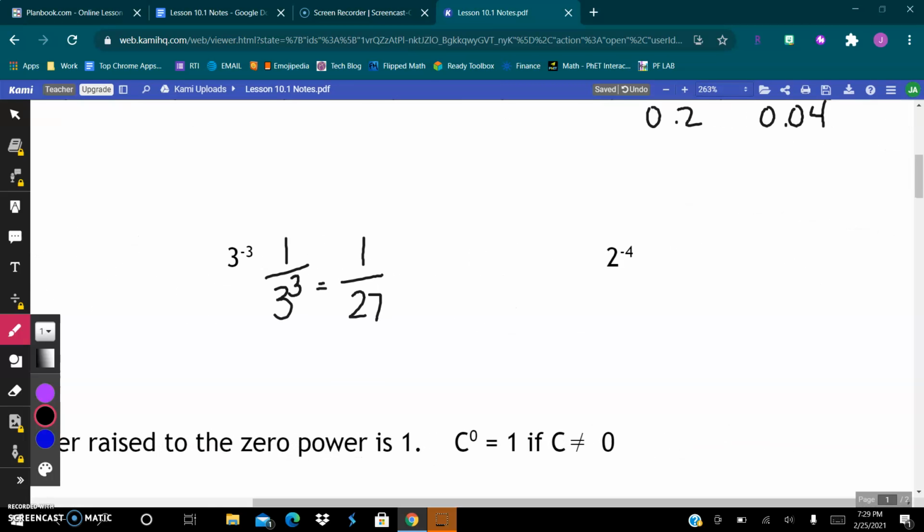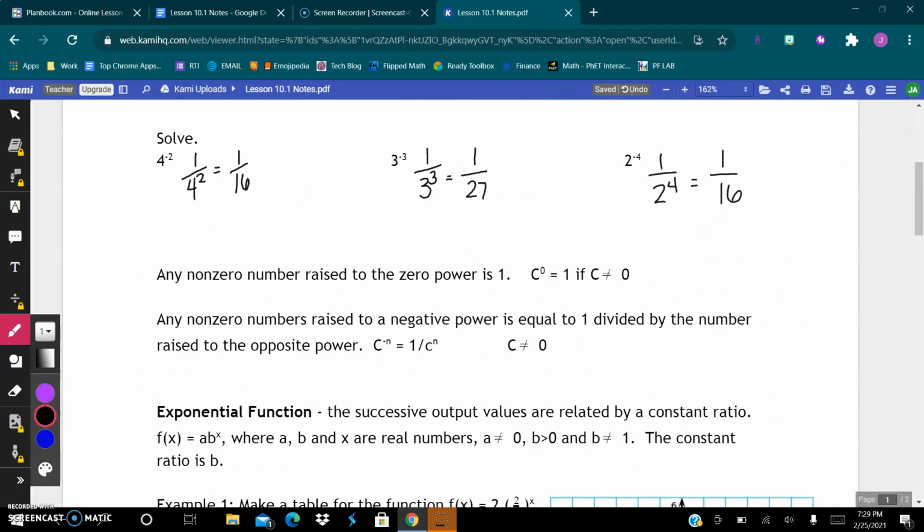And then lastly over here, 2 to the negative 4th would be 1 over 2 to the 4th. 2 times 2 is 4, times 2 is 8, times 2 is 16. So 1 over 16 there as well.